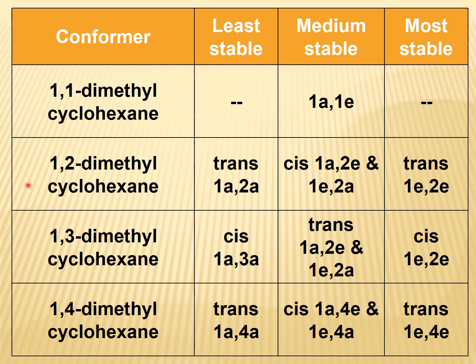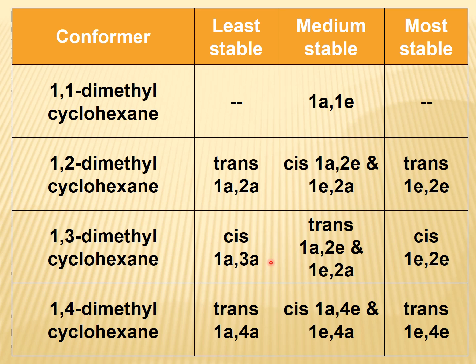Now the 1,2 and the 1,4 show some similarity because the trans AA in both cases is the least stable, and the trans EE in both cases is the most stable, whereas the cis forms have medium stability. That is for 1,4 and 1,2.